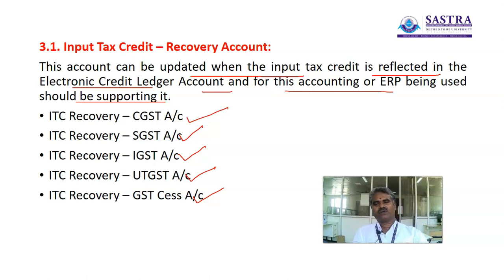Recovery we already discussed. When we discuss CGST, it is called deemed tax structure, which we already discussed. So when we study CGST, we also studied SGST, IGST and UTGST because they are included in CGST.